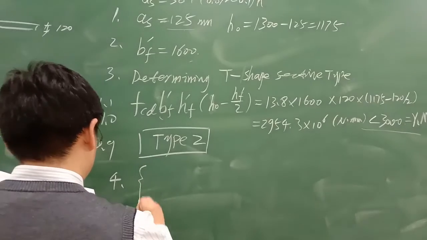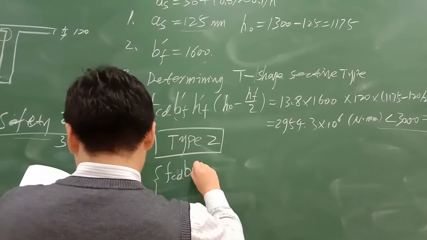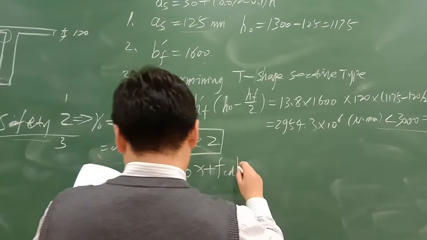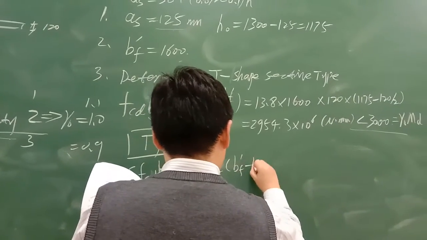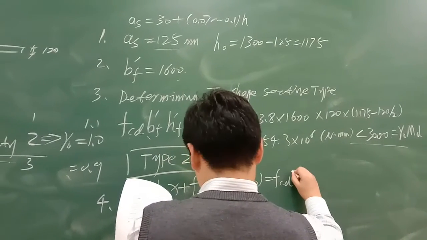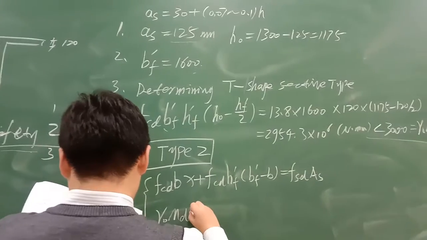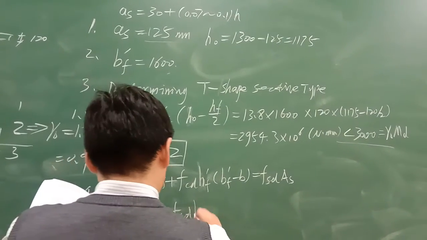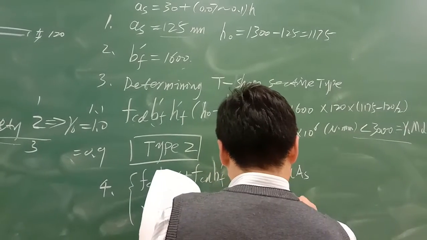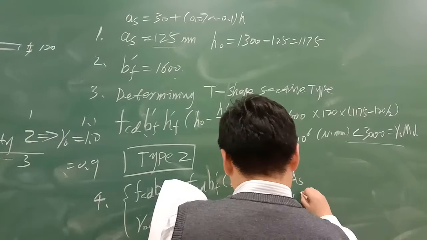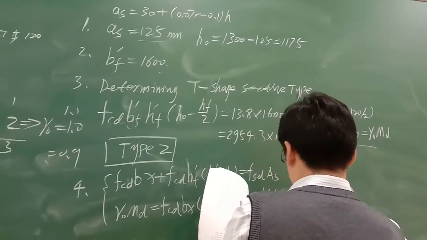So this equation: FCD B x plus FCD HF prime times BF minus B, plus FSD AS, and gamma 0 MD equals FCD B x times H0 minus half x, plus FCD HF prime times BF minus B times H0 minus half HF prime.